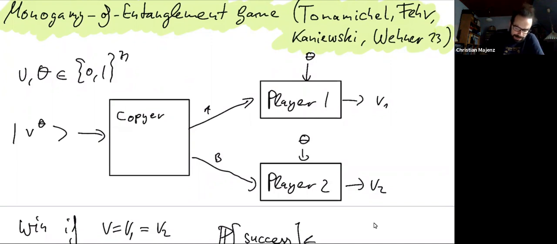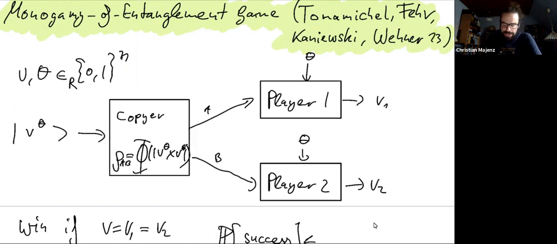So it proceeds as follows. A copier gets a random BB84 state as input. Then it's supposed to copy it, right? We can imagine it applying some map phi to this state |v^θ⟩ to generate registers A and B, which are then passed on to players 1 and 2.